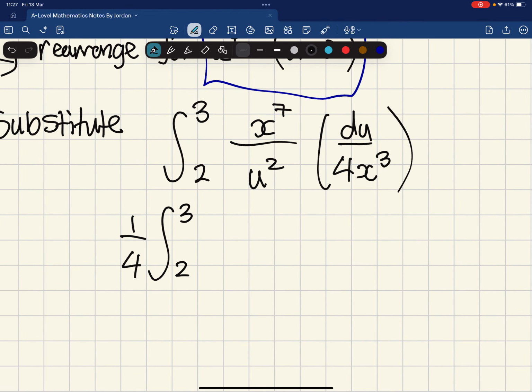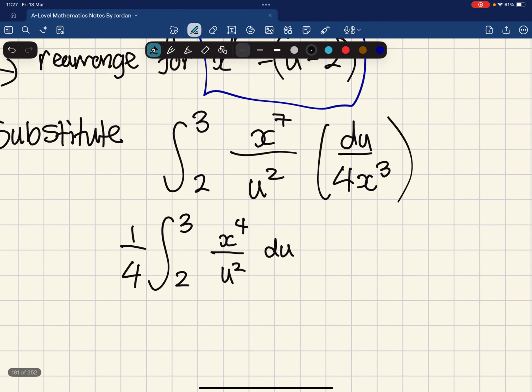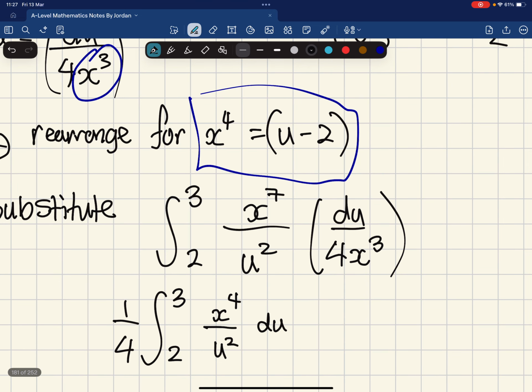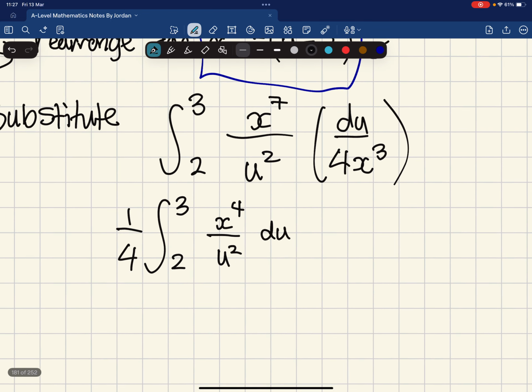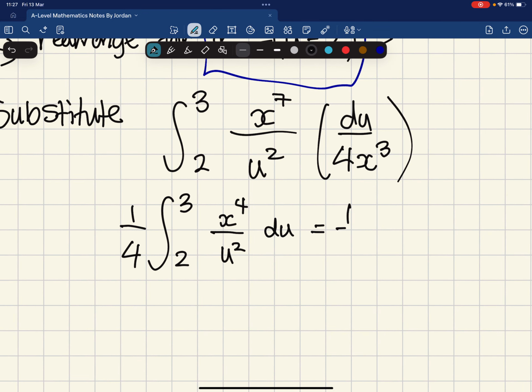x to the power of 7 divided by x to the power of 3 gives us x to the power of 4 over u squared, and then we have du at the end. Remember, x to the power of 4 here is actually u minus 2. So that's u minus 2 over u squared du.